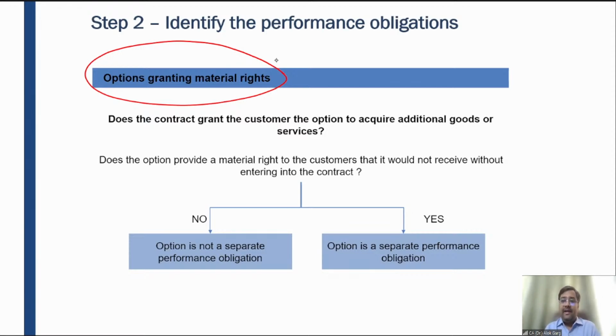On that day, whomsoever guests were there, like I was a guest there, I booked the room. So they were giving a 50% discount on the next booking, only in that period.